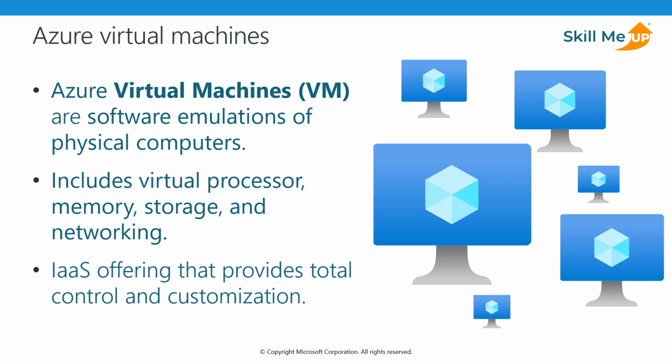But within each one of those, the ratio of CPU to RAM to storage is going to vary based on the intention of the virtual machine. So if you need more processing power, you pick one with additional CPU cores. If you need additional RAM, you pick the one that has additional RAM. And as you go up in size, more resources are available to it.